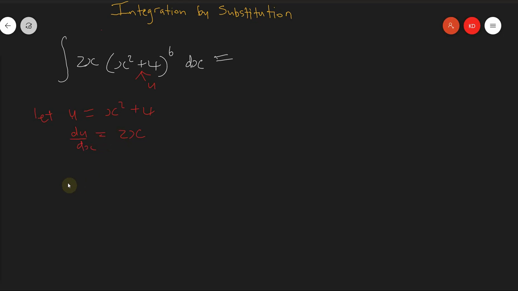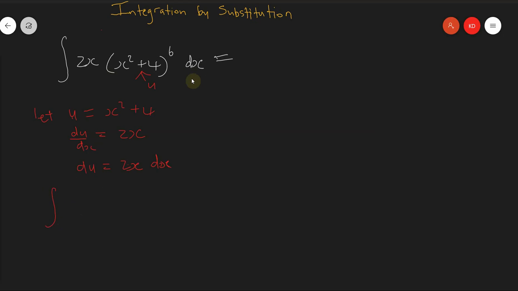And being that we're changing the variable to u, we would need du. From here, you realize that du is equal to 2x dx, right? Therefore we can just simply replace 2x dx with du, and in turn make the problem simpler.